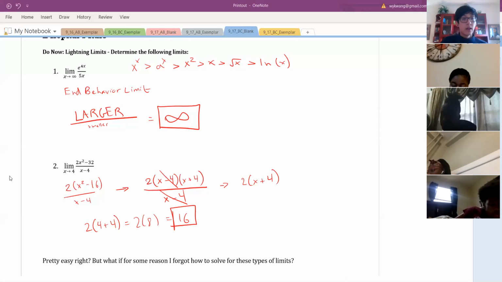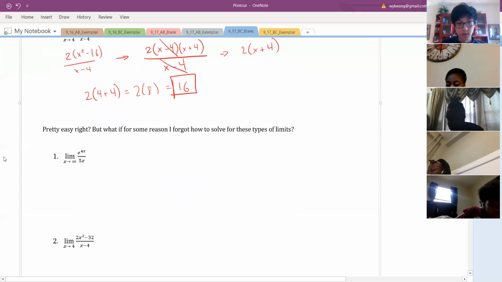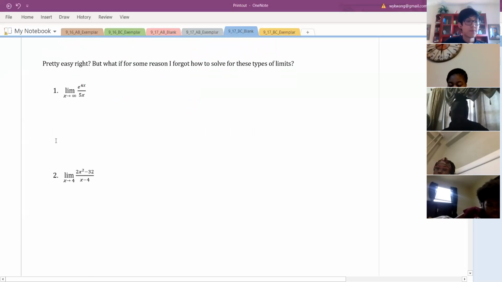Okay. Now we're going to look at these limits as if we had no idea what we're doing. These are pretty easy, but let's say for the first one, I didn't know anything about end behavior limits. The limit as x approaches infinity of e to the 4x over 5x.